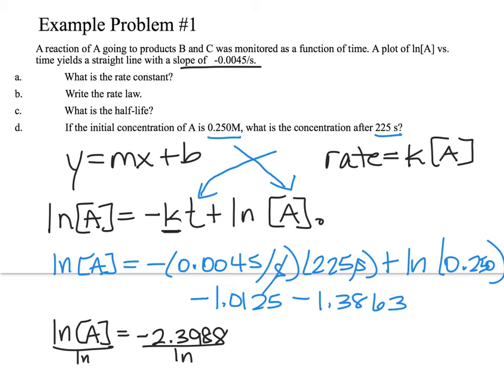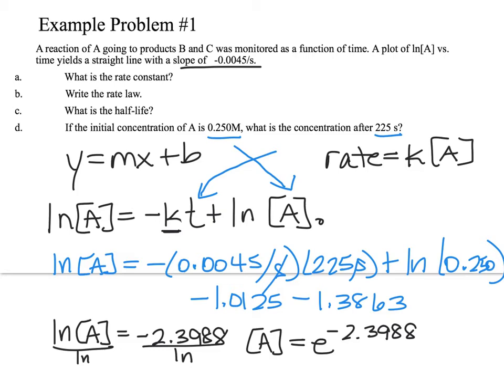When we do that, we get the inverse natural log, or e, to the negative 2.3988. If I'm using a graphing calculator, I put in inverse log, or e, first, then the change sign, and then the value of 2.3988, enter.